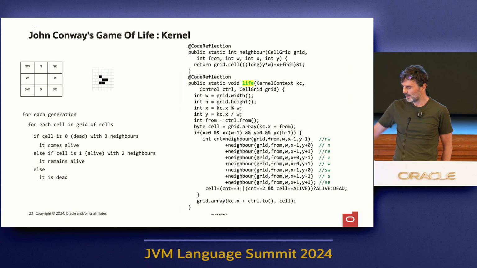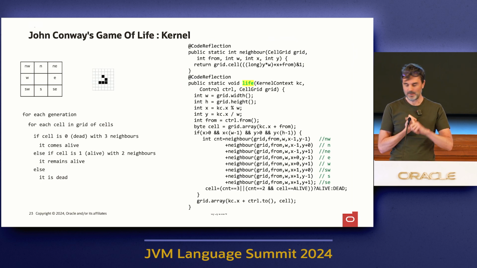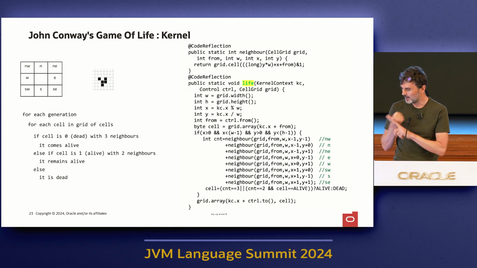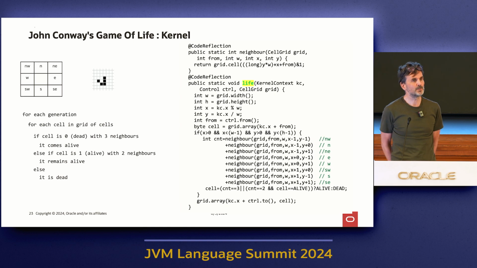So what we have here is a kernel that says, given a pixel, are you alive or dead? And update it. You can see the logic in the control flow here, and it's calling neighbor, and neighbor does some calculation on the cell grid. We'll explain that in the next slide. So it's fairly reasonable. This is not the most optimal way to write game of life, but it's probably the easiest way to write it.